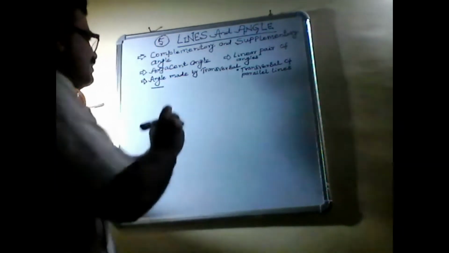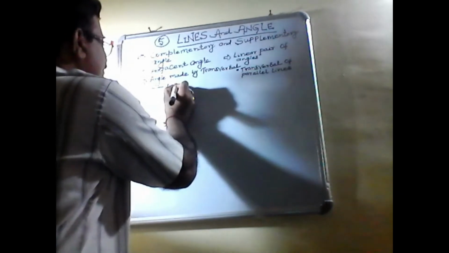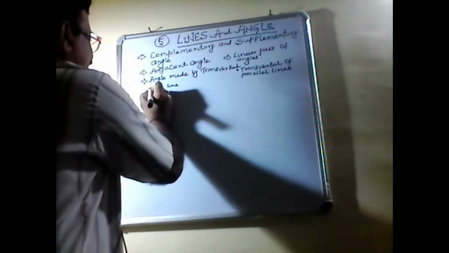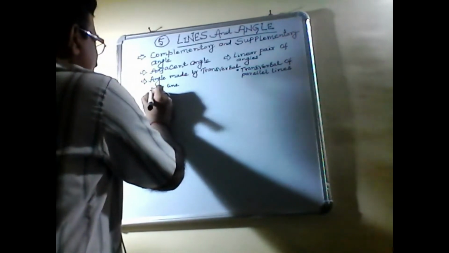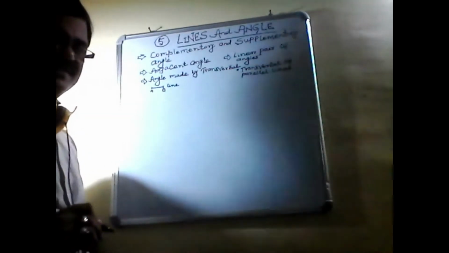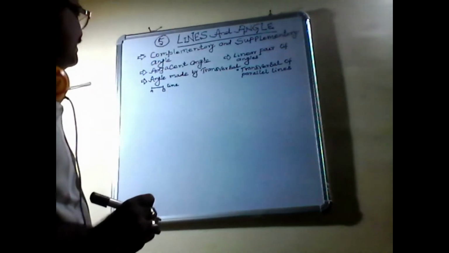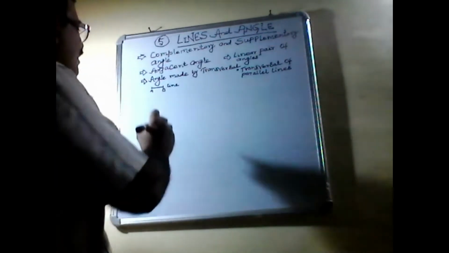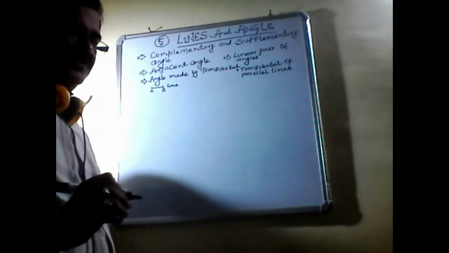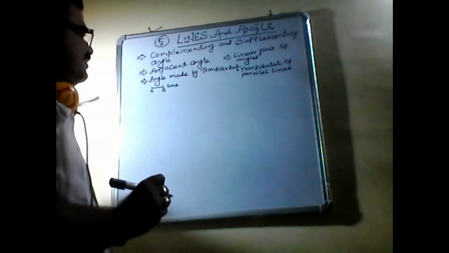this is called a line. If a line has definite length, this is called a line segment. So students, it is very clear that there is no end point in a line, while in a line segment two end points exist and its length is definite.